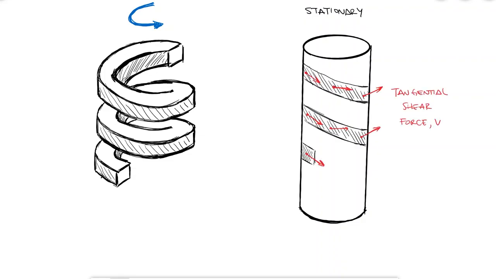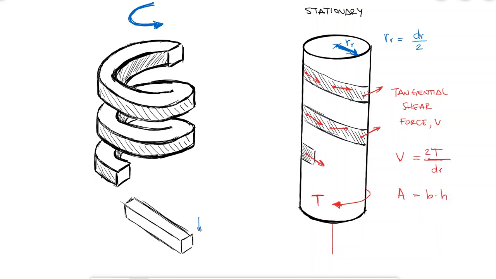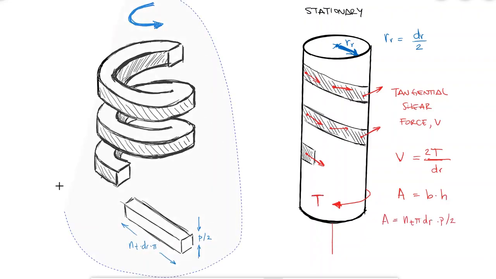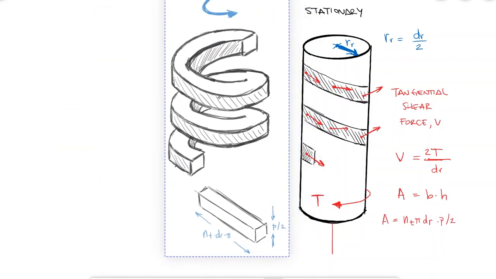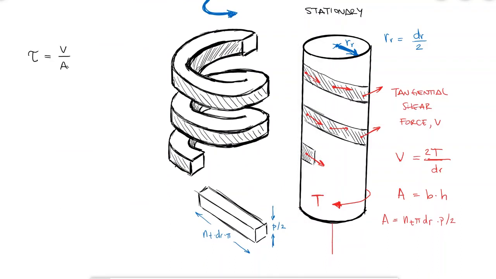This tangential shear force would be equal to the torque over the root radius, or root diameter over 2, and the area parallel to the tangential shear forces that cause the shearing stress would be the shaded area that has the same dimensions as the rectangle that we used for the bending. The resulting tangential shear stress would therefore be the shear force over the area, which results in 4T over pi dr squared nt p.